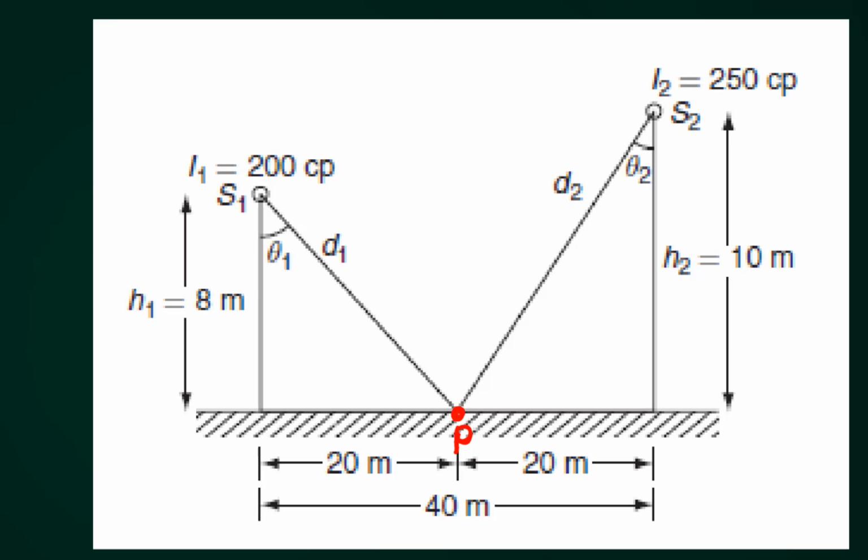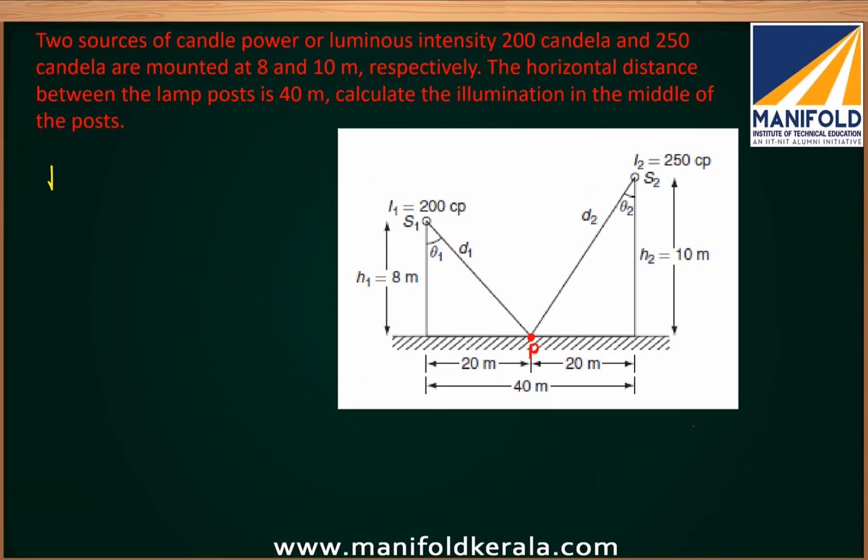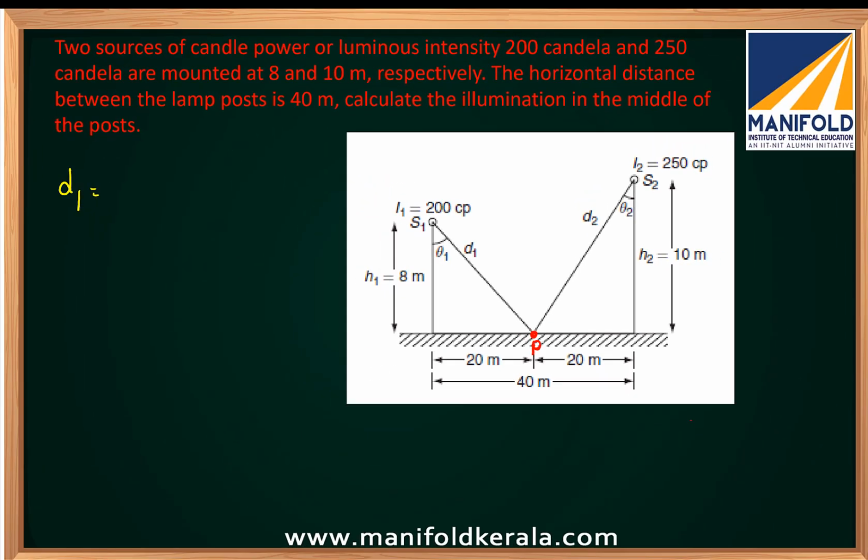Now first, if we calculate D1, what is the value of D1? Your D1 is the hypotenuse in the first right angle triangle. It is given by the square root of 8 square plus 20 square. And what is D2?